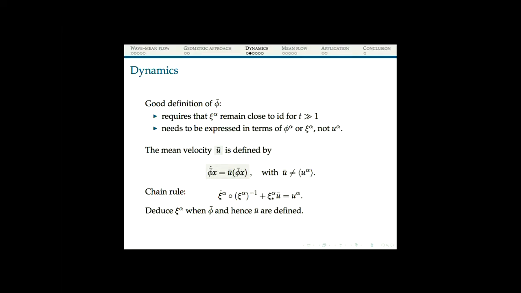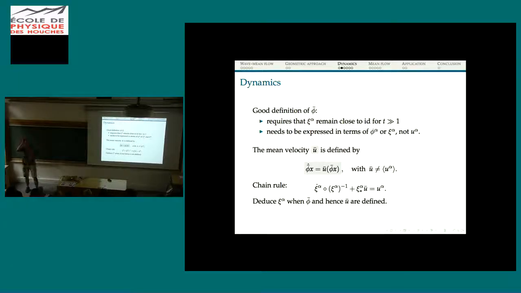Okay, so we need a good definition of the mean, and I'll say later what the possible definitions are. Good here just means that if you have an ensemble of flow maps, well, first, they somehow need not to meander too far from the identity. To make an average of some objects in a nonlinear world, you need kind of local behavior.